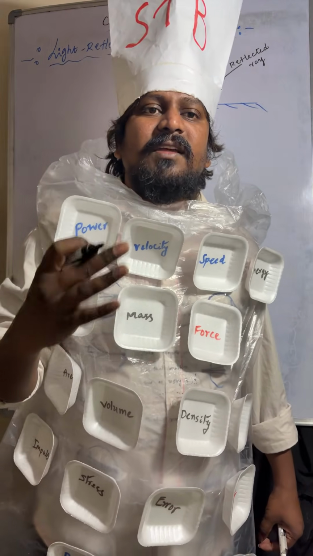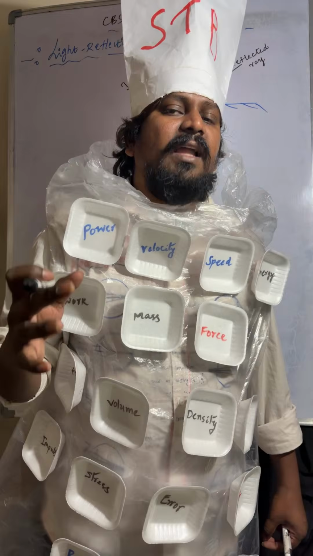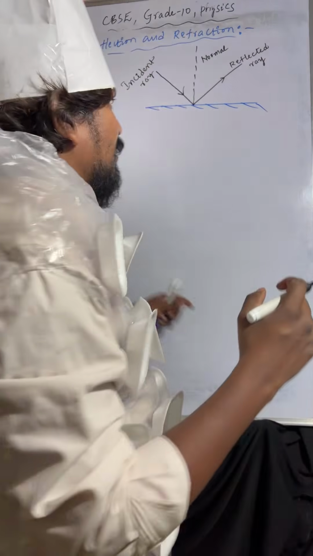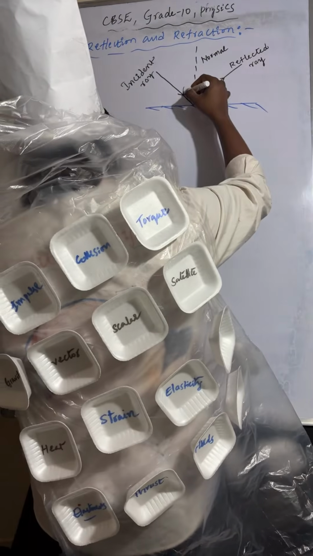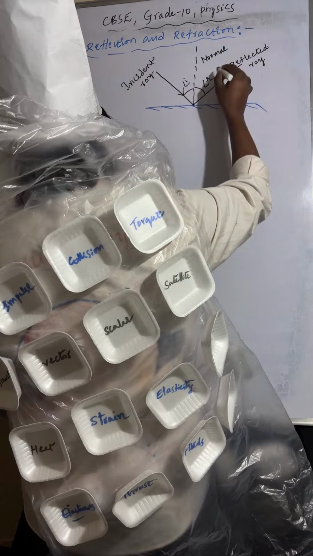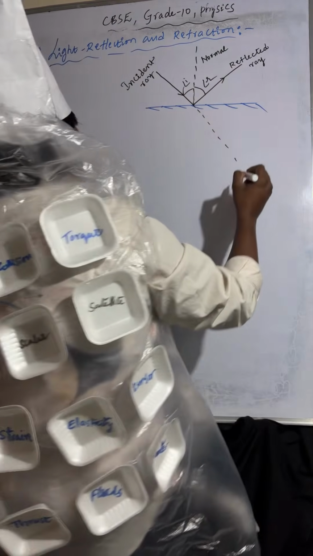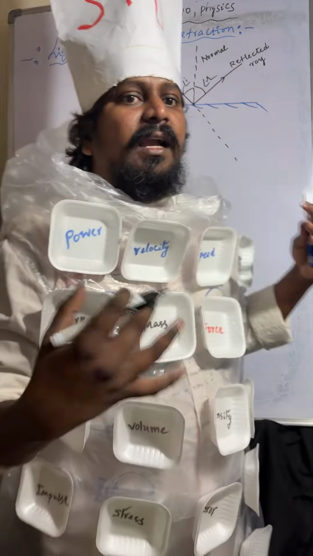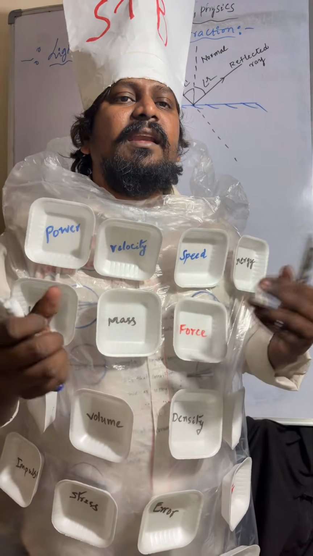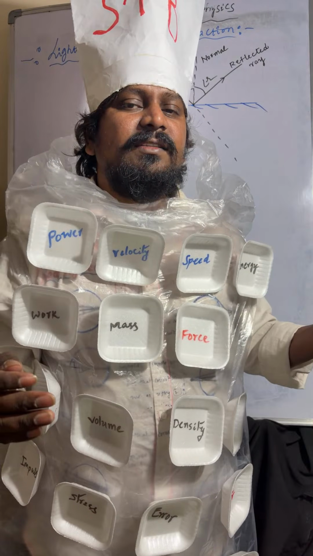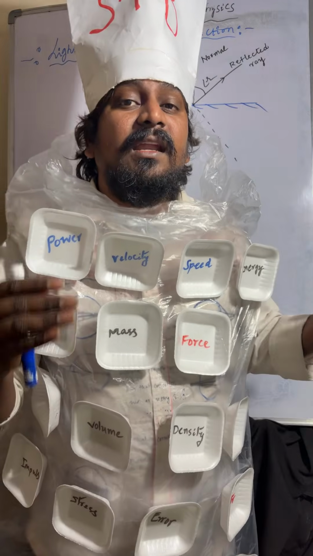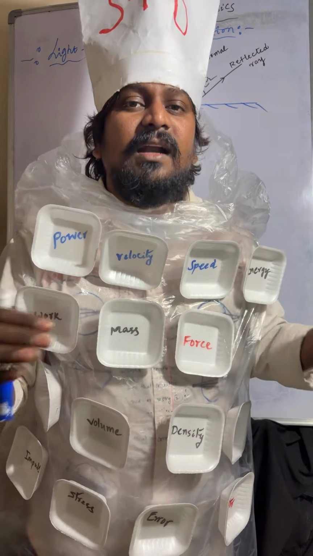The angle between the incident ray and the normal line is called the angle of incidence. The angle between the reflected ray and the normal line is called the angle of reflection. The initial direction of the incident ray is called the undeviated line, since it is not deviating.